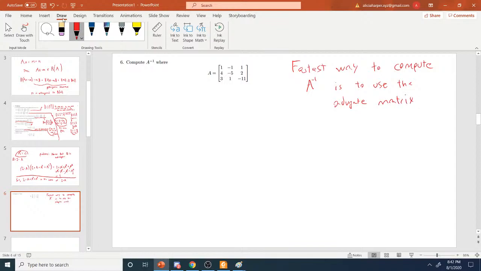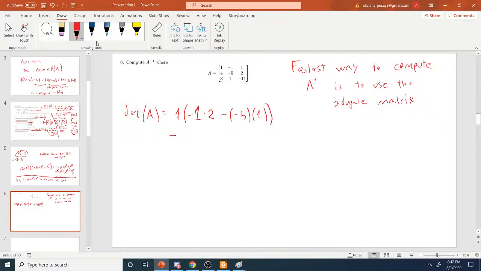All right, so in order to do this, we have to compute a bunch of determinants. The first thing we're going to do is find the determinant of A. The determinant of A is equal to 1 times -1 times 2 plus 5 times 1. Let me not be sloppy. It's -5 times 1.